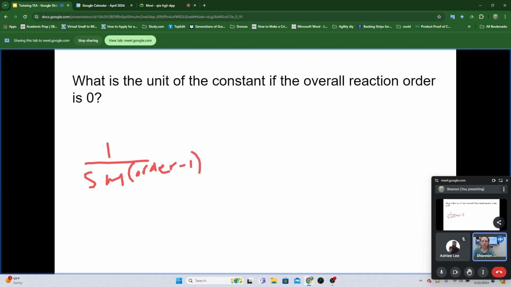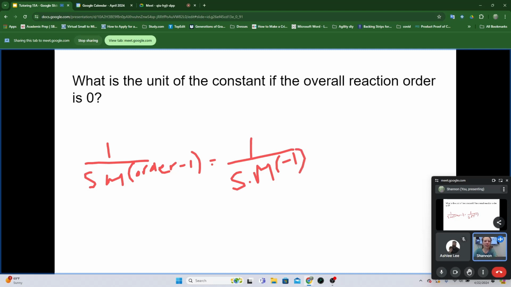You can follow the same thing. So 1 over seconds times M to the, well, order is 0, minus 1. What's 0 minus 1? Negative 1, right? So S times M to the negative 1.